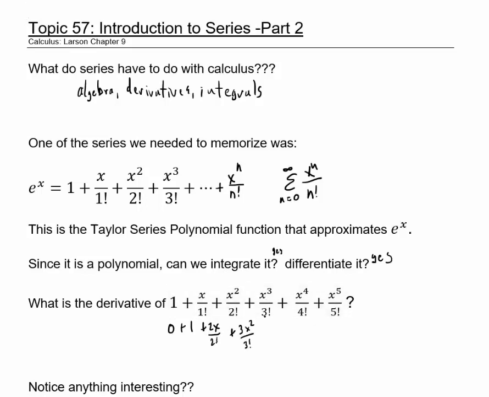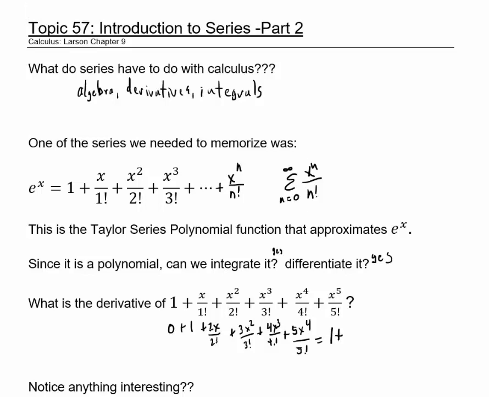Again, the factorials are staying on the bottom because they're coefficients. Technically this is 1 over 3 factorial. And then plus 4x to the third over 4 factorial, plus 5x to the fourth over 5 factorial.